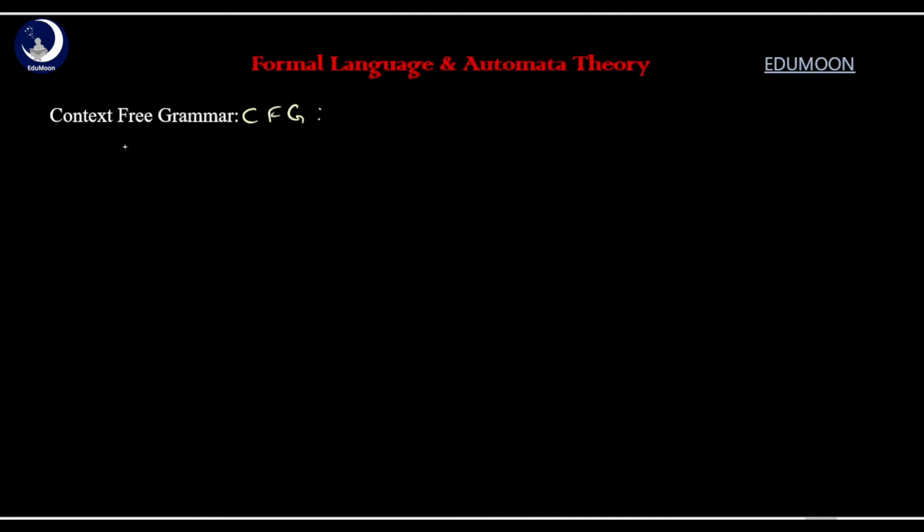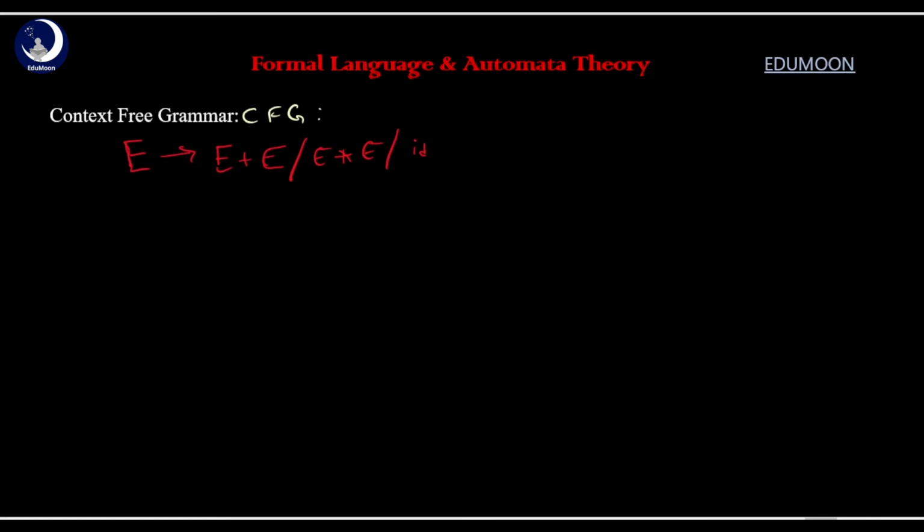Next we discuss derivations. Here let us take one more example of a grammar. Let this grammar start with the symbol E, which is the starting symbol. E tends to E plus E or E star E or ID, which is nothing but an identifier in a language.